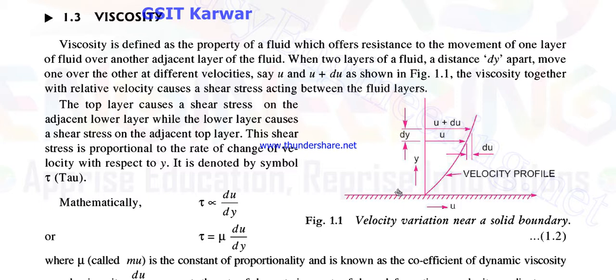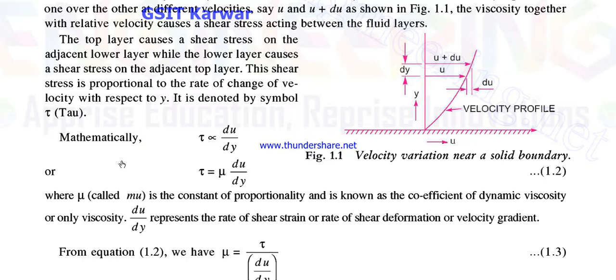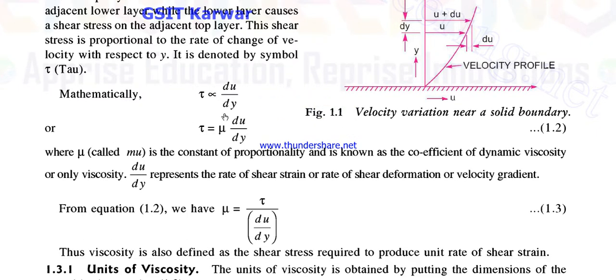It is denoted by symbol tau. Mathematically, tau proportional to du by dy, or tau is equal to mu into du by dy.